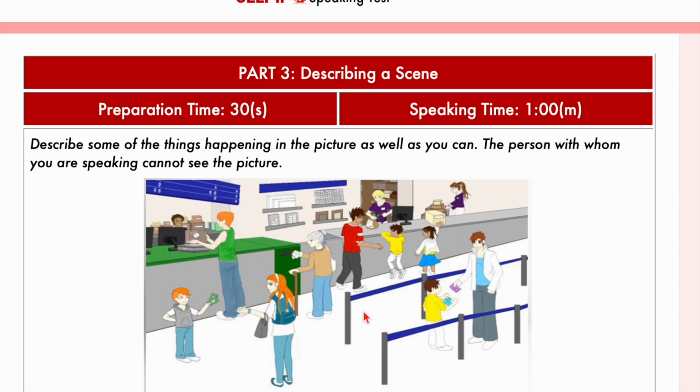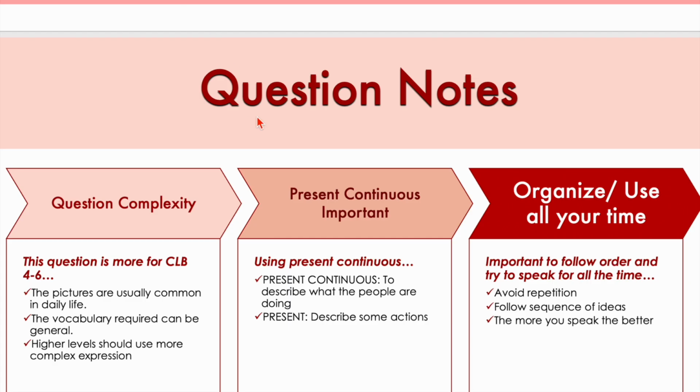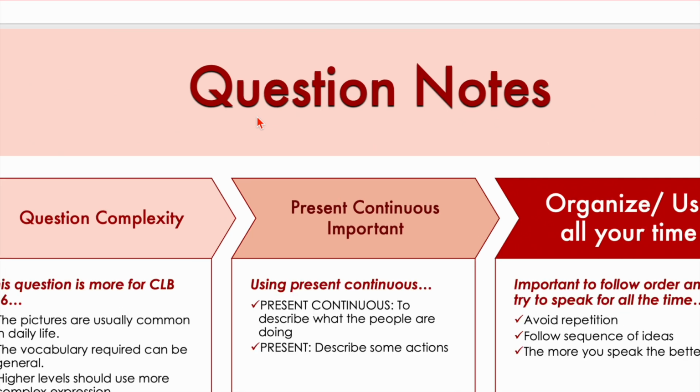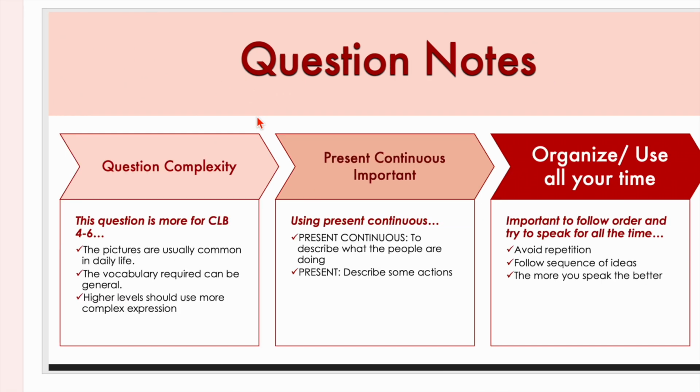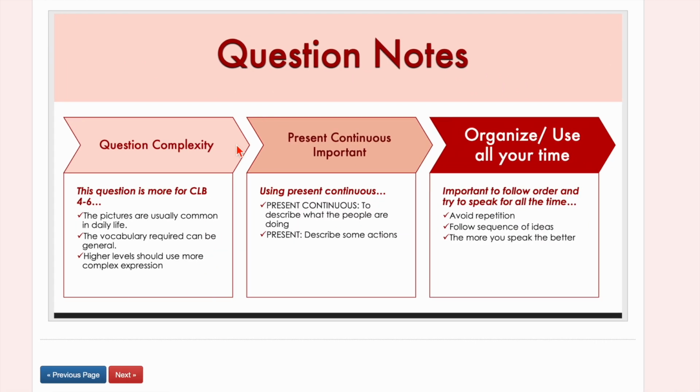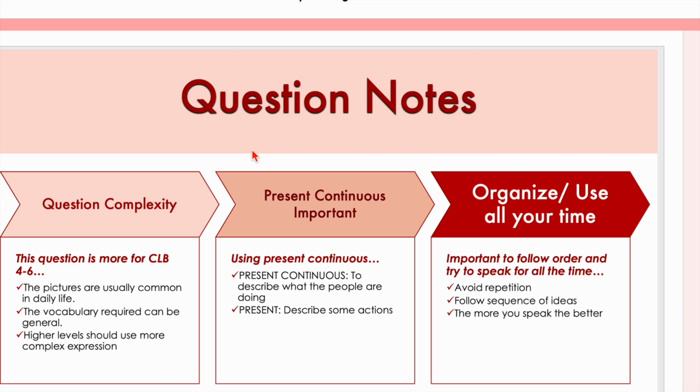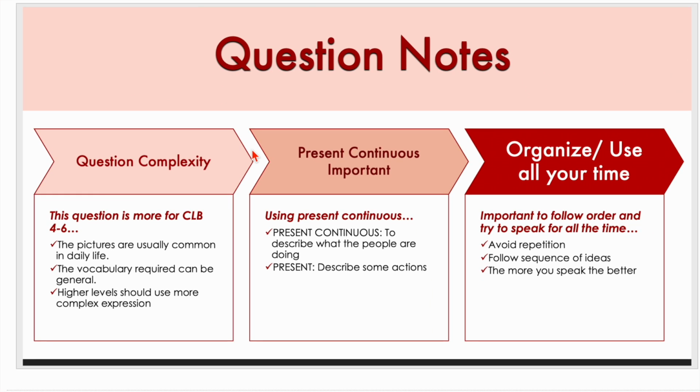Now, like I said, I will be using some information from our guide to help us, okay? Now, it's very important, everyone, that we understand that parts 2, 3, 4 usually test some simple language knowledge.